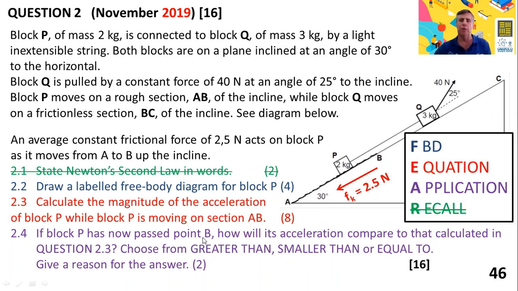Well, of course, it must be greater than, because there's no friction. And you know there's a force pulling up the slope. If you take away the frictional force, which acts in opposition to motion, then of course the effect of that force will be to cause more acceleration because there's no friction. So that was quite simple.